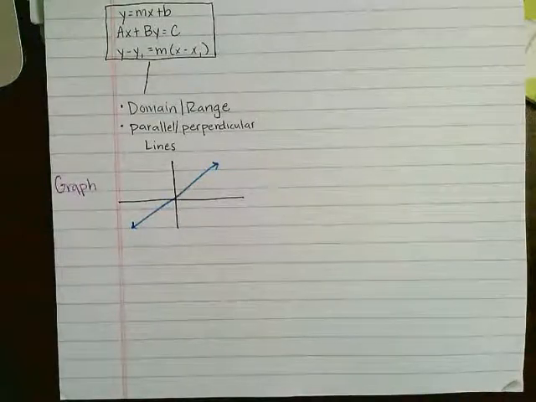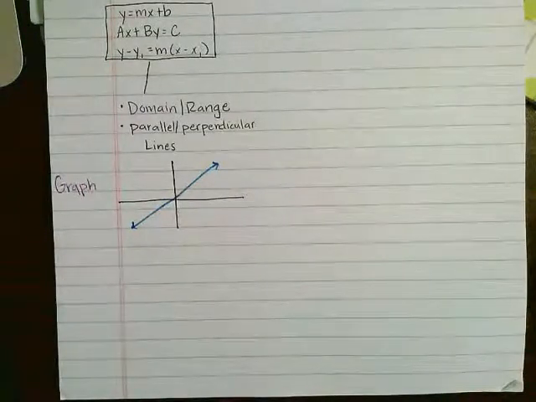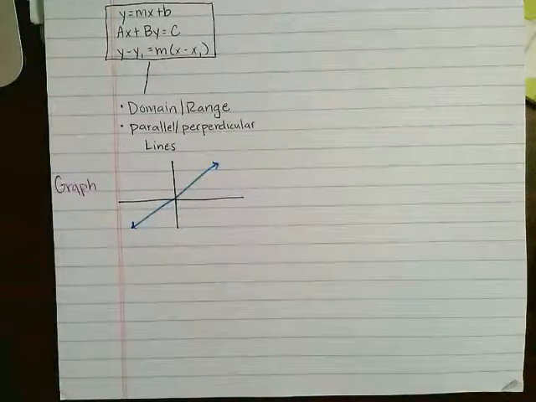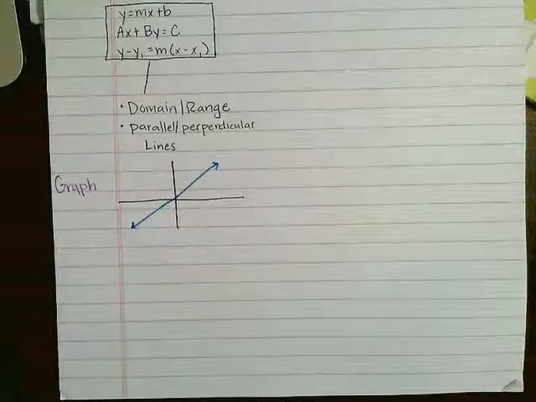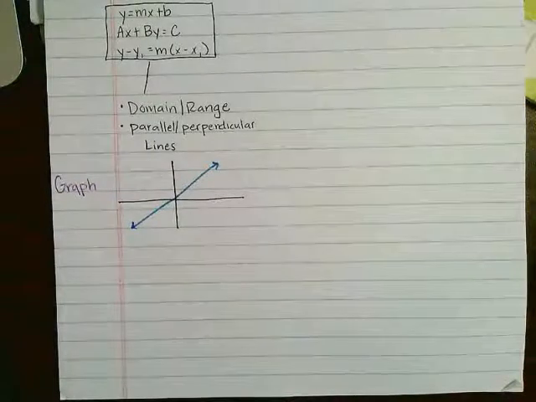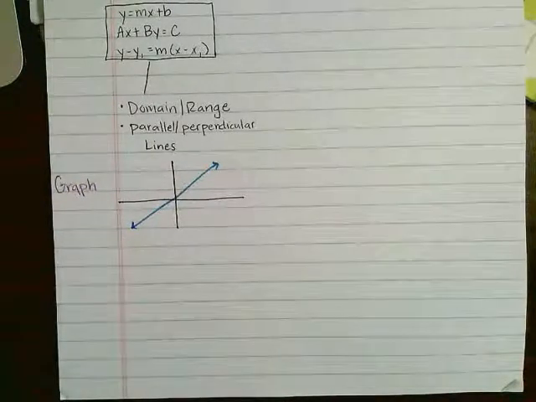Now, there are restraints on that, and you know that sometimes in real life situations you can't have a negative distance or you can't have negative time. So that's something to consider whenever you're looking at real life situations.